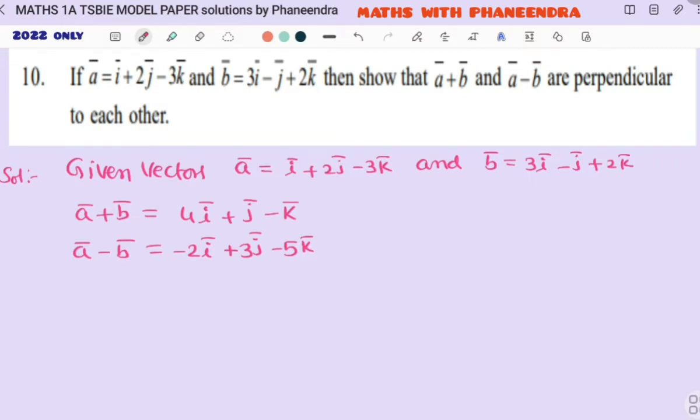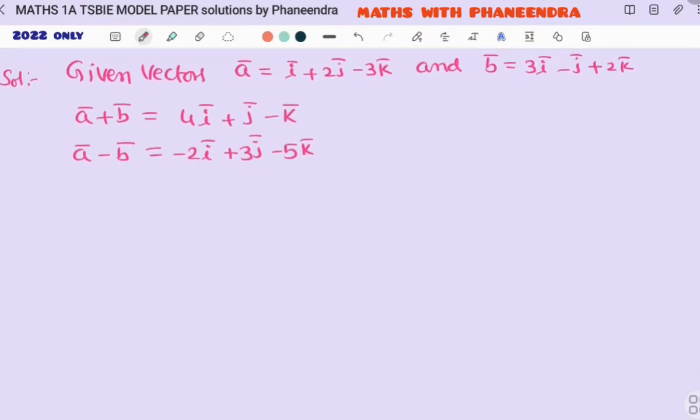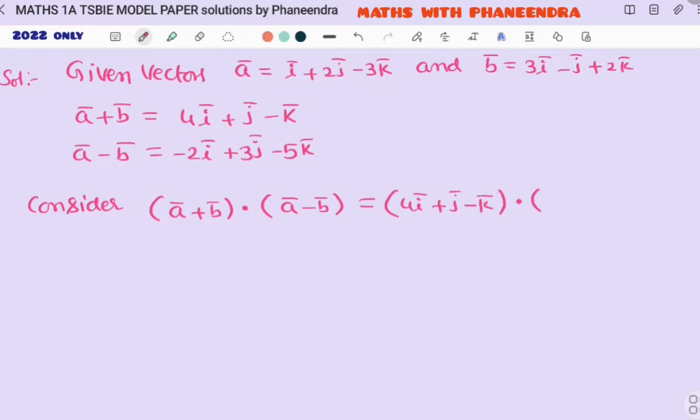So, consider the dot product of these two: A bar plus B bar dot A bar minus B bar. So writing the vectors, 4i plus j minus k dot minus 2i plus 3j minus 5k.